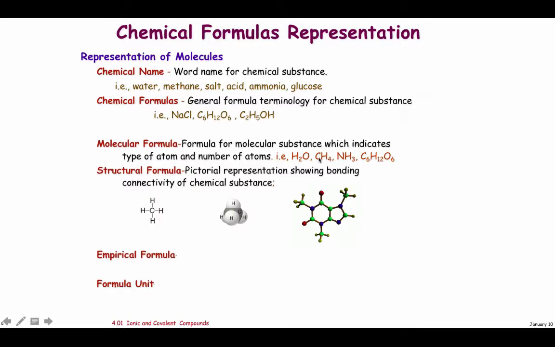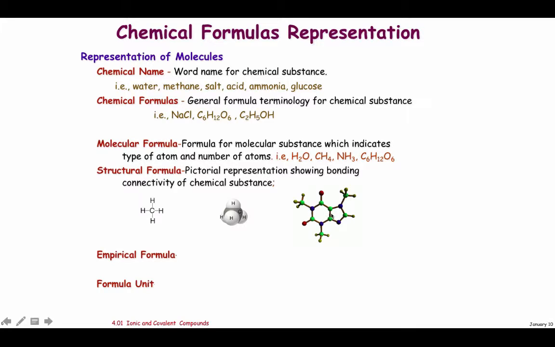It's not 1 carbon and then 4 hydrogens attached to each other. It's 1 carbon surrounded by 4 hydrogens. That's the structural formula. If you want a 3D model, it's this shape right here. It's called a tetrahedral. It's like a pyramid. Carbon's in the center. There's 3 legs on the hydrogen, and then there's an apex here.